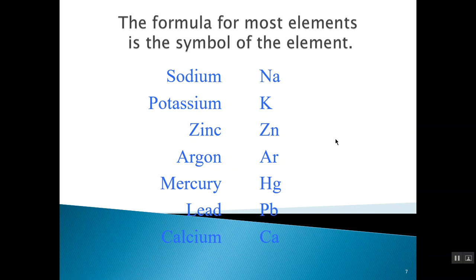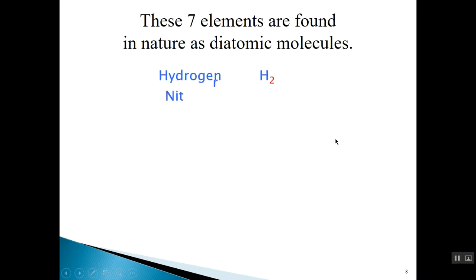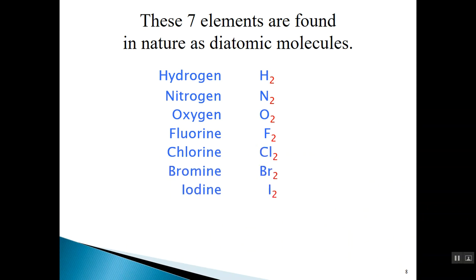Now, there are some elements that exist in nature as diatomic molecules, and we mentioned these before. This is important because whenever you're given a question where you have these elements involved in a reaction or undergoing some process, you have to understand that we're not just talking about the monatomic version, we're talking about the diatomic version.